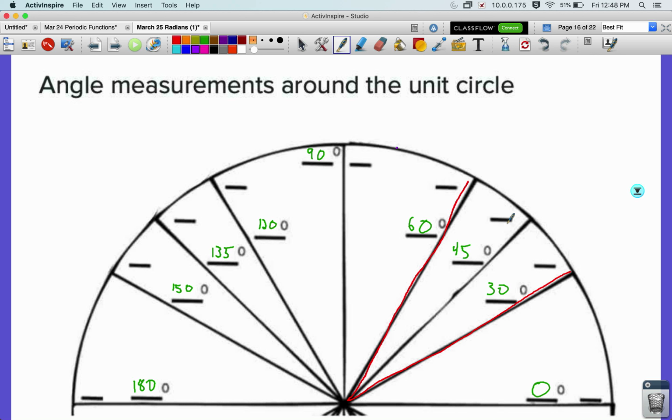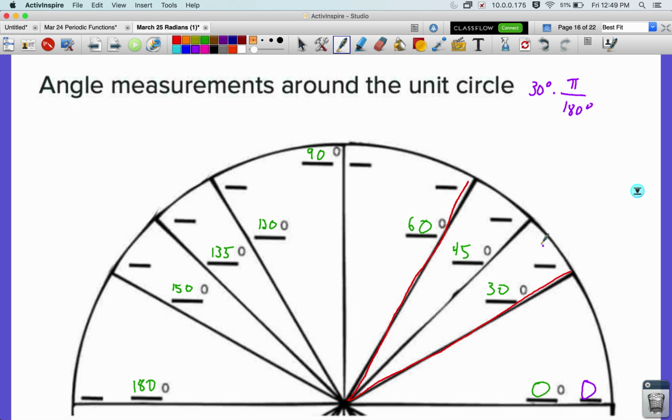Now we want to go back and change them all into radian measures. So 0 degrees is 0 radians. No surprise there. What is 30 degrees in radians? Well, we can take 30 degrees and multiply it by pi over 180 degrees. And we get 30 pi over 180.